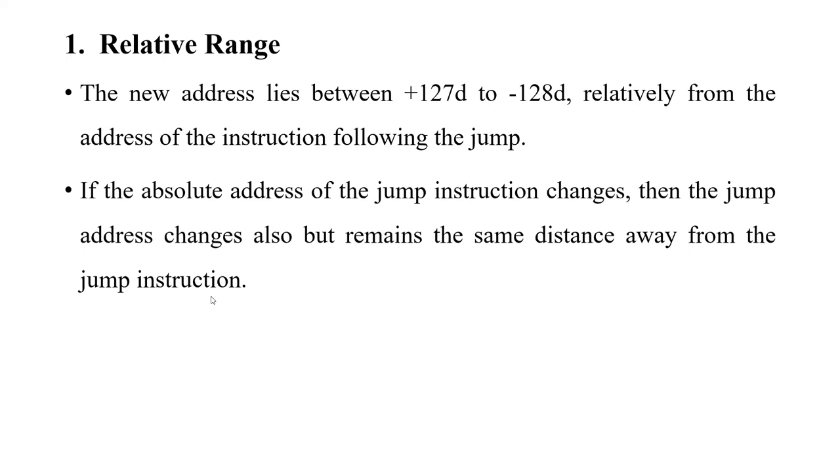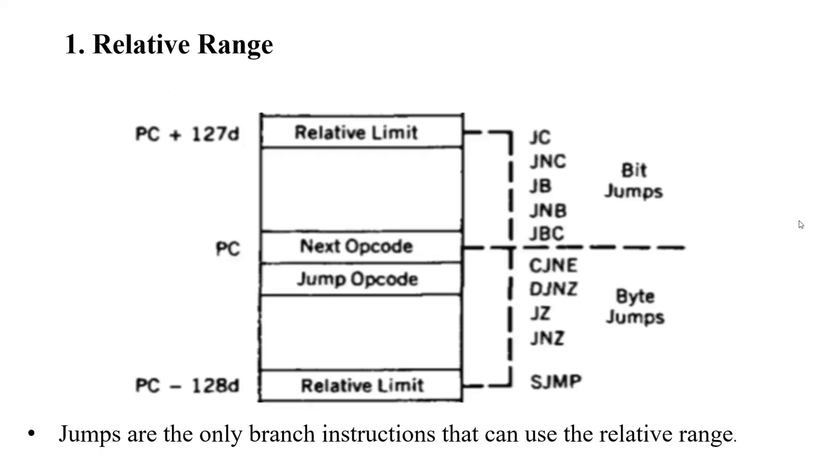What you should understand is that the range of the jump is between plus 127D and minus 128D. The jump is only within that range. If you see this diagram, this is the relative jump range, from plus 127D to minus 128D.